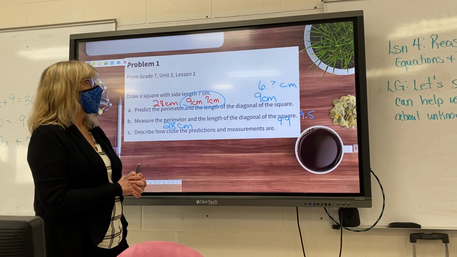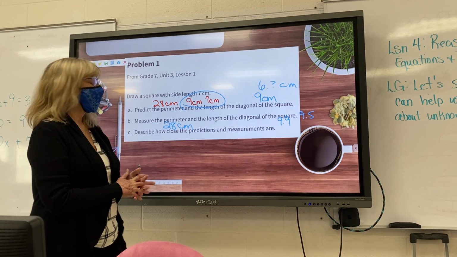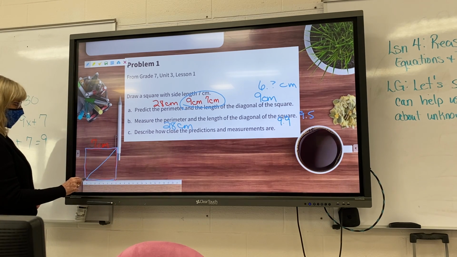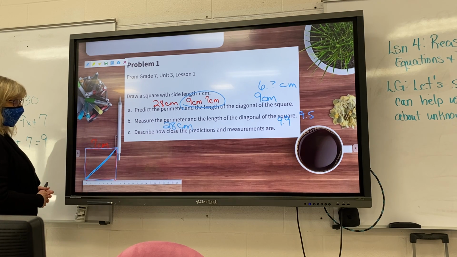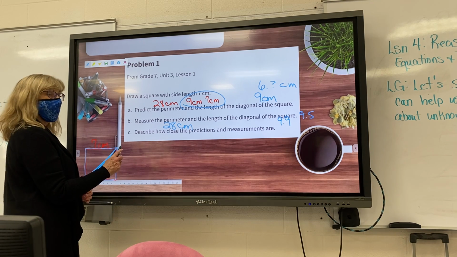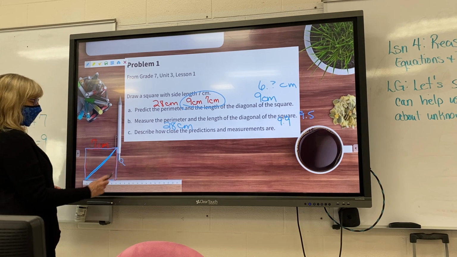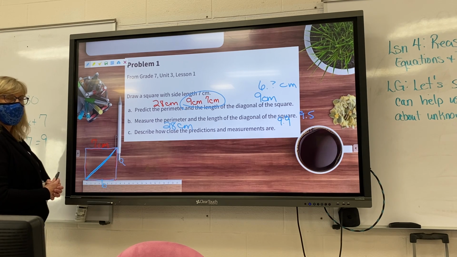By the diagonal, you mean like if I took a line from the top, a diagonal line through the square, you would measure that. Right. And I'll tell you how you figure it out. If this is side A, and this is side B, and this is side C, does that make a triangle?